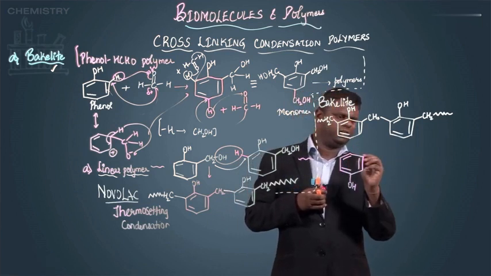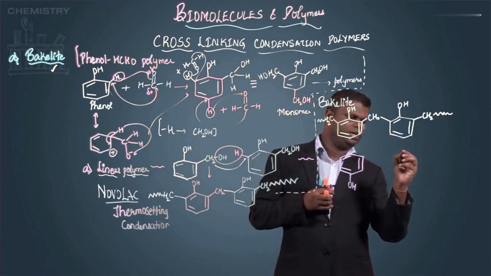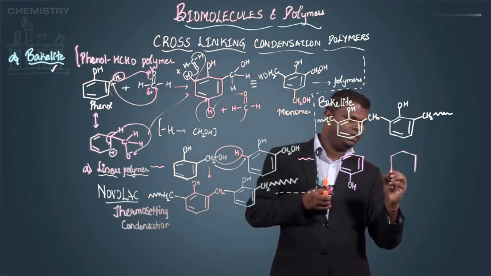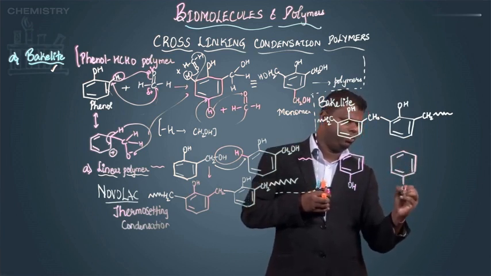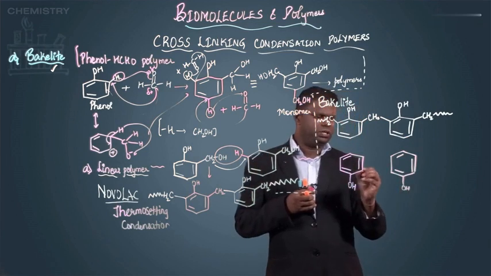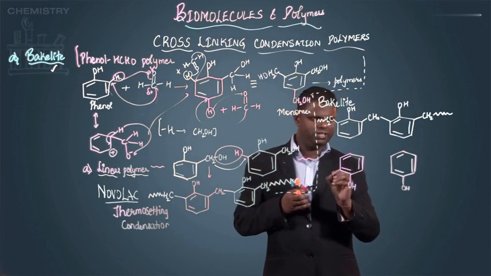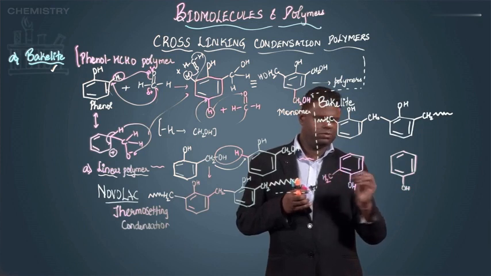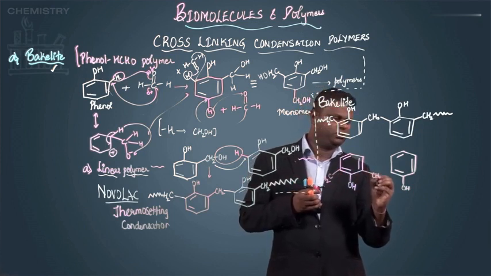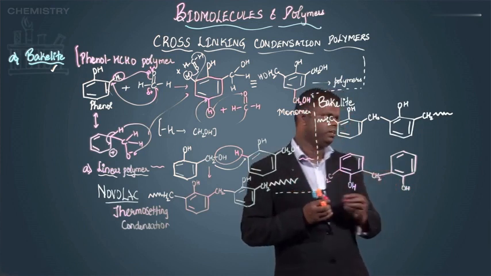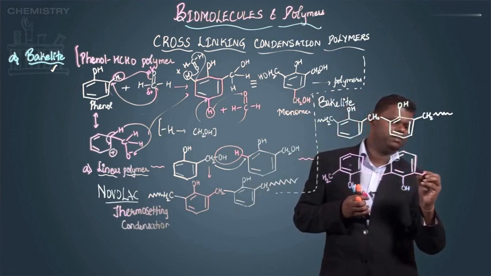Now I would draw the molecule in the same orientation so that it's easy for me to connect it. So you have OH over here. Now you have CH2, and then this is connected to CH2 over here.